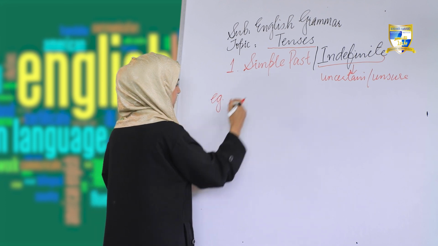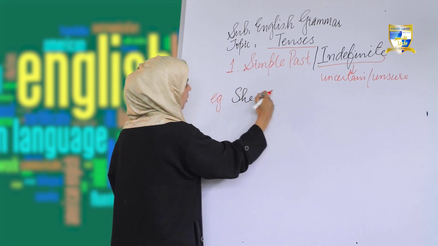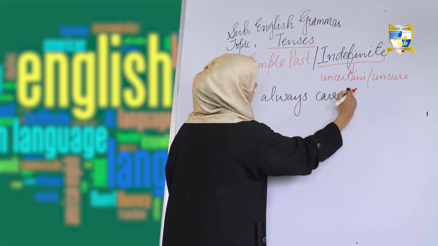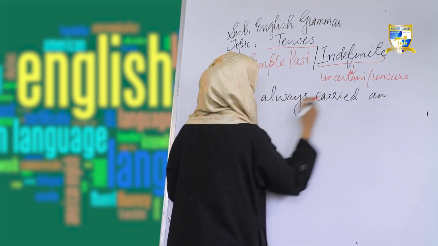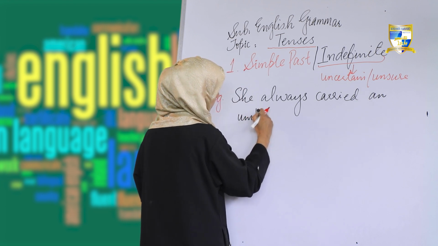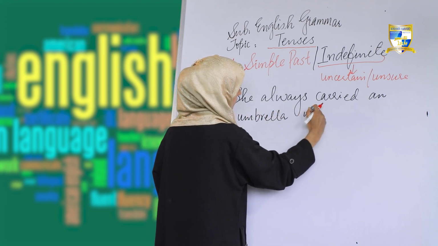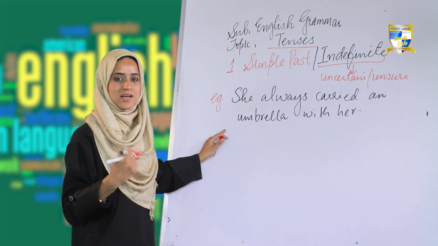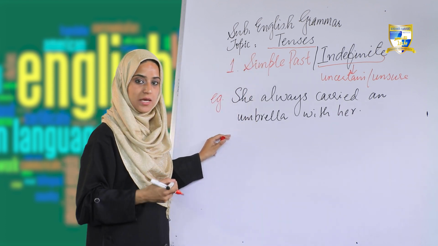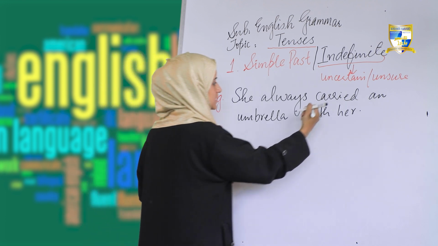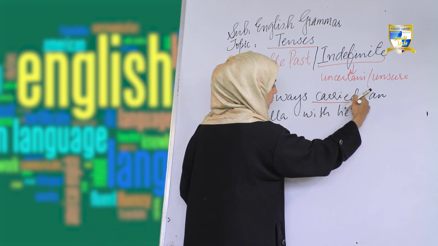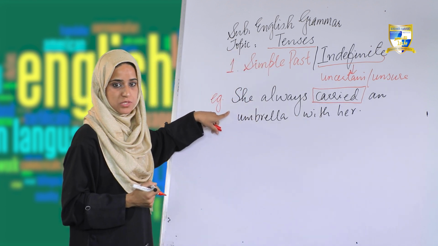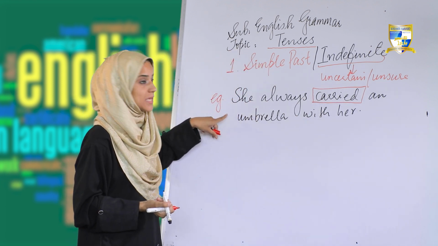For example, she always carried an umbrella with her. So here we are talking about someone's habitual action in the past, and that past action is denoted by the past form of verb, carried.